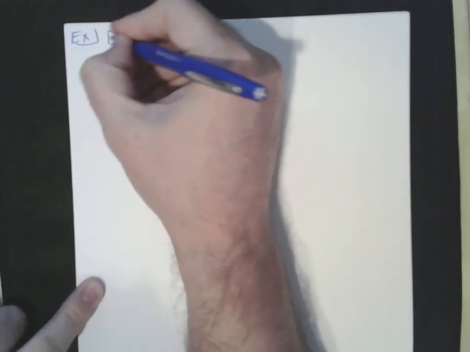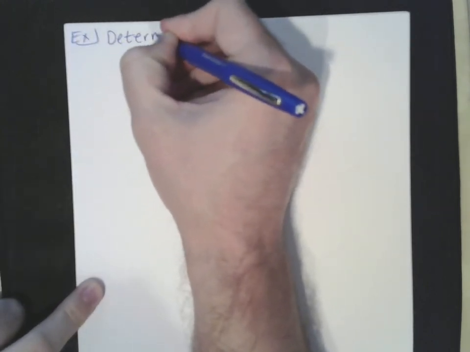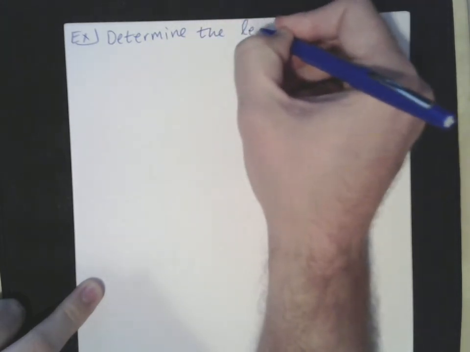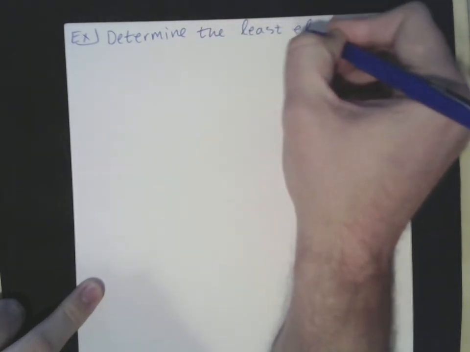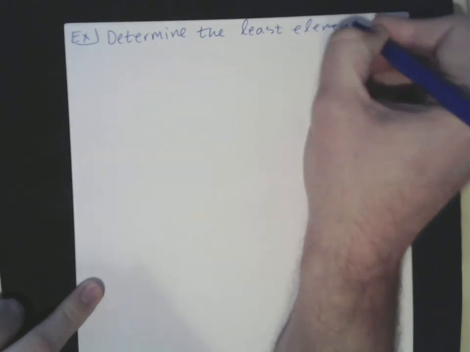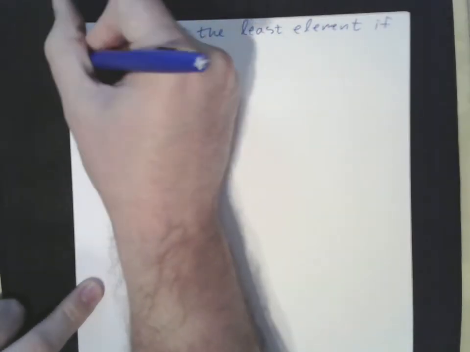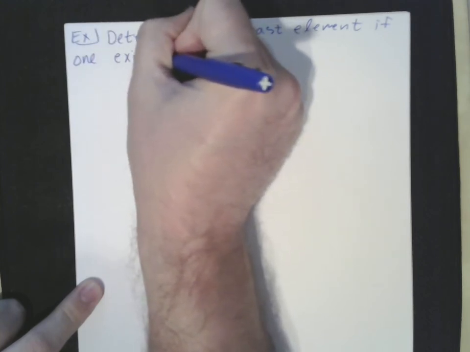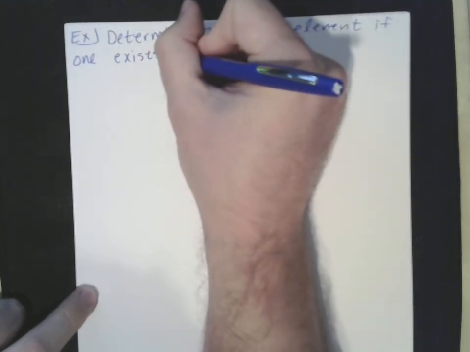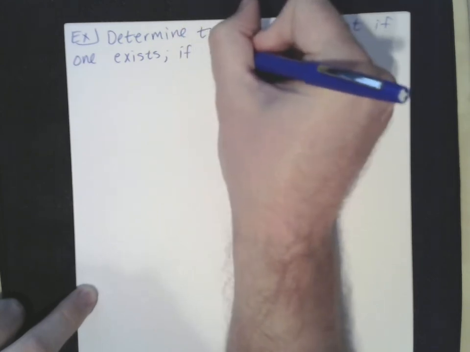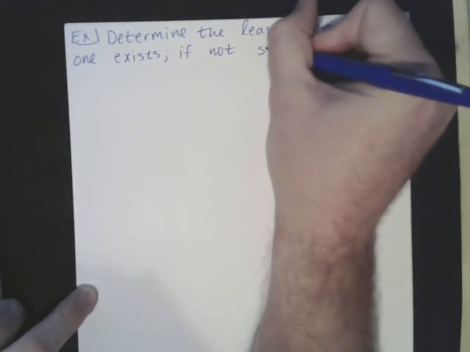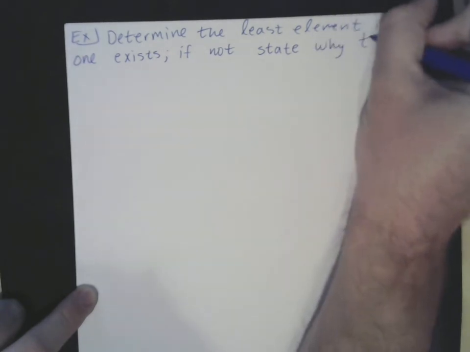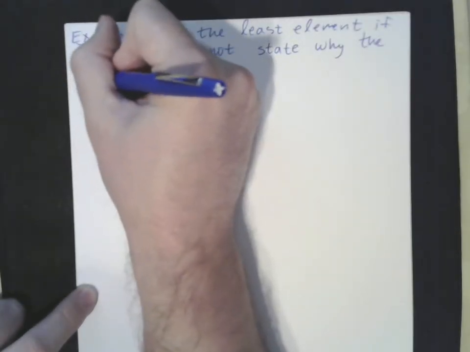So we are going to determine the least element if one exists. If not, state why the well-ordering principle is violated.